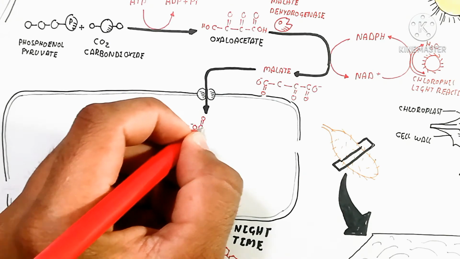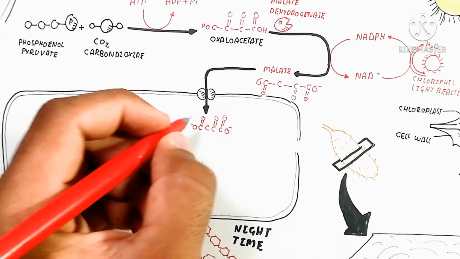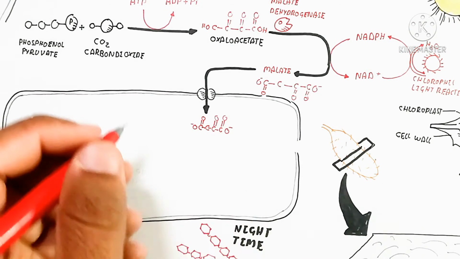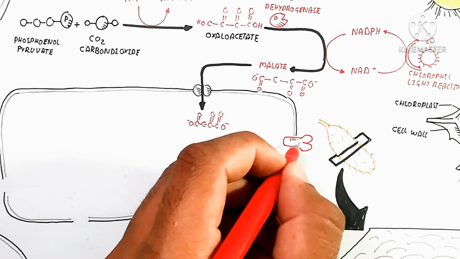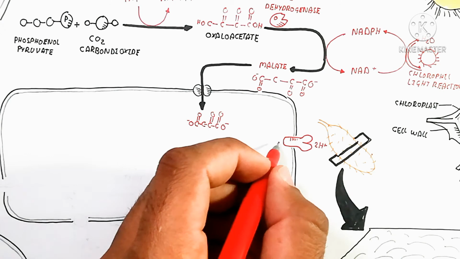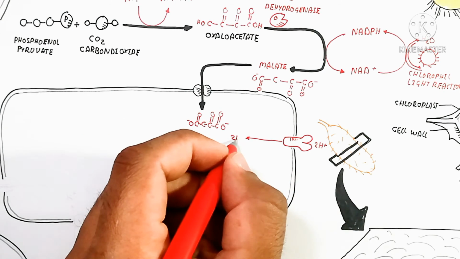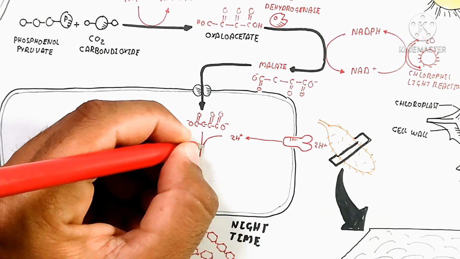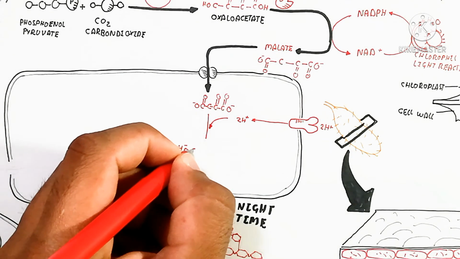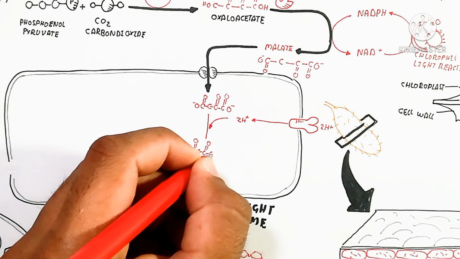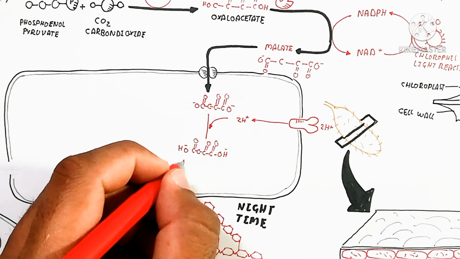into the vacuole, and the vacuole will accept this malate ion, and two protons will move inside, one for each malate that moves in, to produce malic acid. This malic acid is a 4 carbon compound stored in the vacuole during night time.